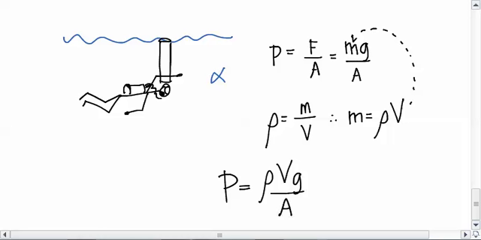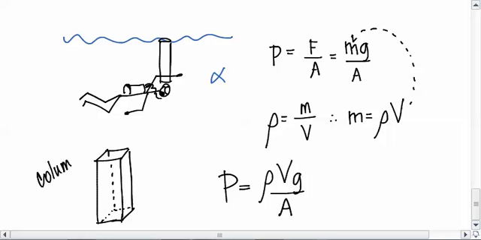Now let's look at this volume and area. Instead of the column looking like a cylinder, what if I was looking at it as a column that was a rectangular prism? How would you find the volume of this column? And how would you find the area that is pressing down on you?